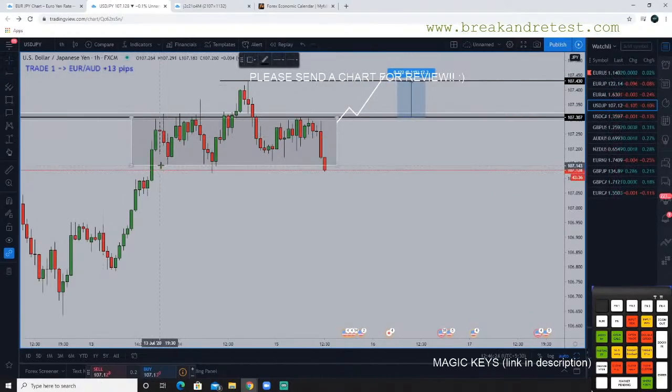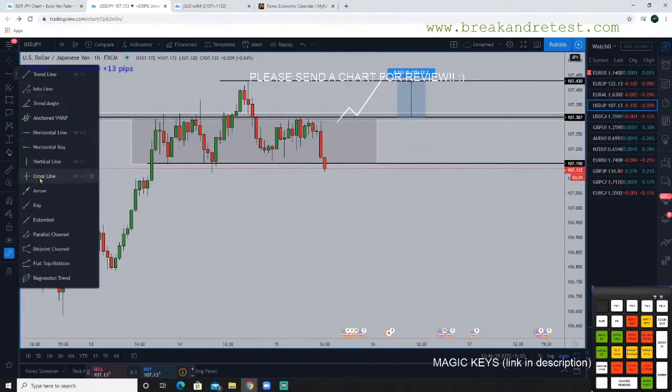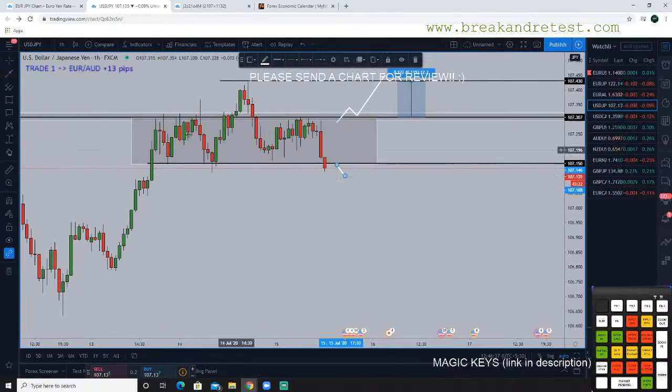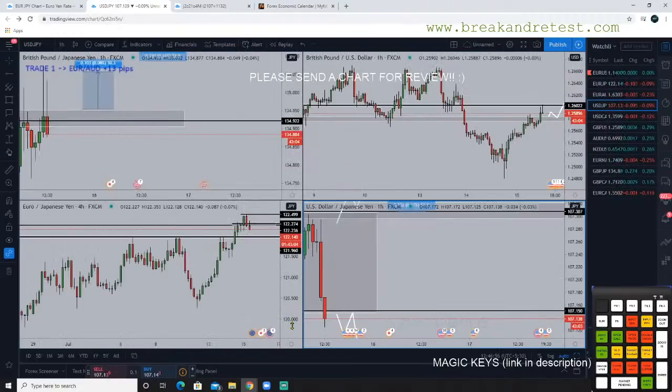Like I said on UJ, we need a break below this. Once we break below, a retest and continuation to the downside. Breakout, retest, continuation. That's what we can wait on USD JPY. Other than that, I think there's no trade here.